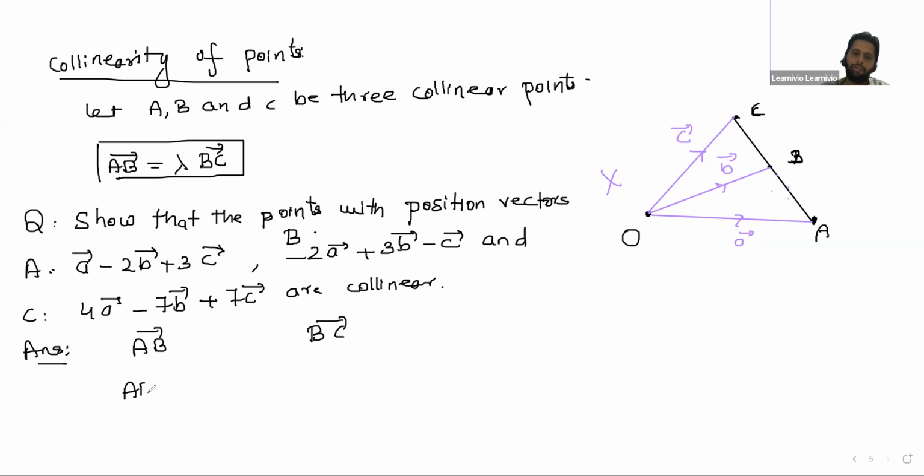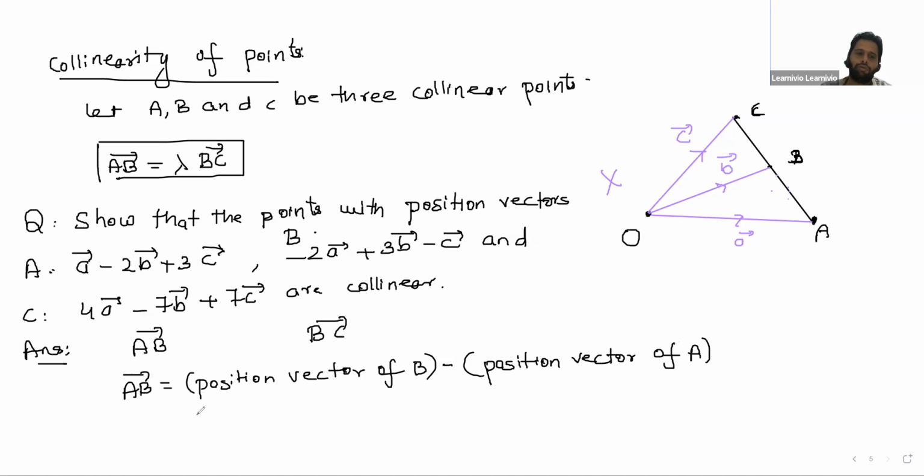Huzefa, did you find this AB? How will we find AB? AB is equal to this formula we did yesterday: position vector of B minus position vector of A. So position vector AB is equal to, position vector of B is minus 2a plus 3b minus c, minus position vector of A, which is a minus 2b plus 3c.